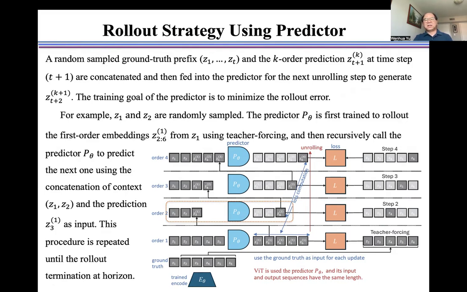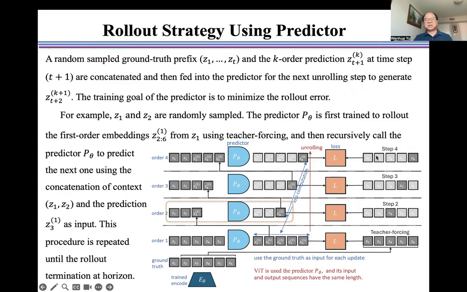The predictor P theta is first trained to roll out the first order embeddings from Z2 to Z6, 1 from Z1 using teacher forcing as shown here. Teacher forcing, namely, we use the ground truth as input for each update.